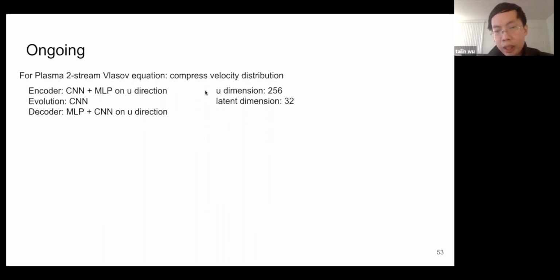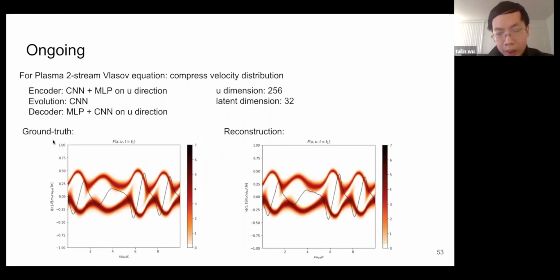For example, originally U has dimension of 256, and we compress that down to 32 dimensions. And here is the ground truth versus a reconstruction in which we use the above architecture. And right now we are doing this training to see how the evolution goes. I will hopefully have some results later.